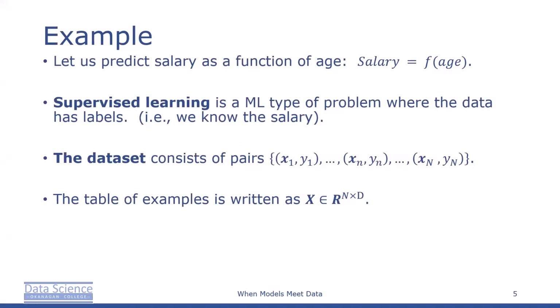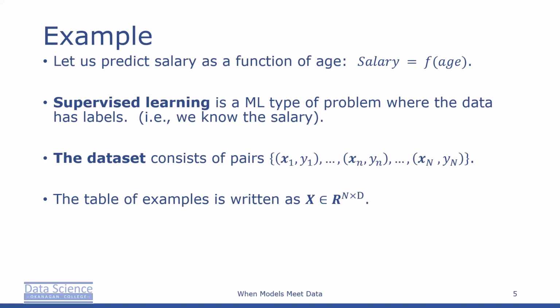Let's consider the problem of predicting annual salary from age based on the data in the previous table. This type of problem is called a supervised learning problem because we have data labels, yn, the salary, associated with each example, xn, the age.